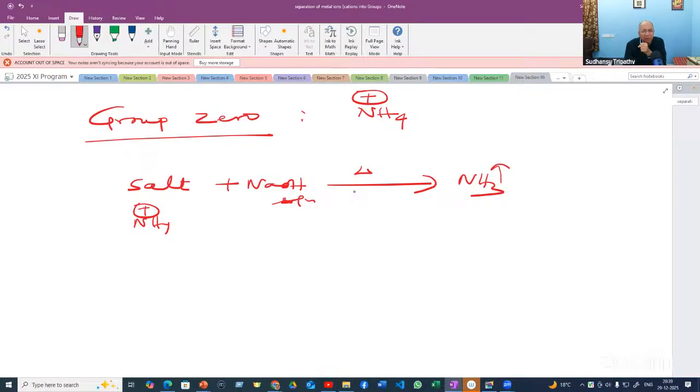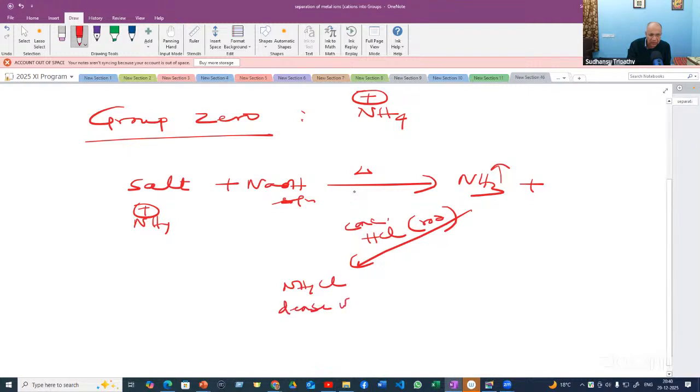A distinct pungent smell will come out. Whatever else it may be, we don't bother. Ammonia will be detected by a rod dipped in conc. HCl, you get dense white fumes, which you already know, and by Nessler's reagent, which is K2HgI4.